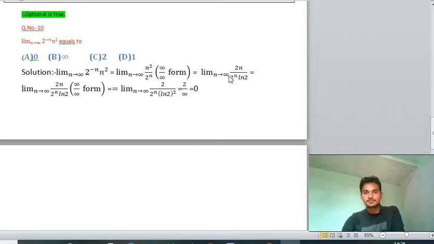Again, if you substitute infinity in place of n, it is infinity by infinity form. Again we have to find the derivative of the numerator and the denominator. So it is 2n, and this is also infinity by infinity form.